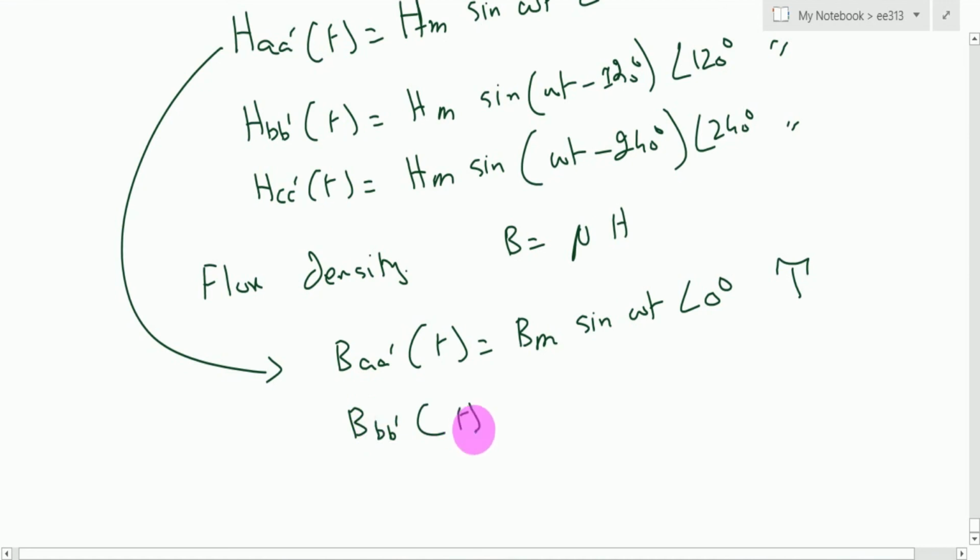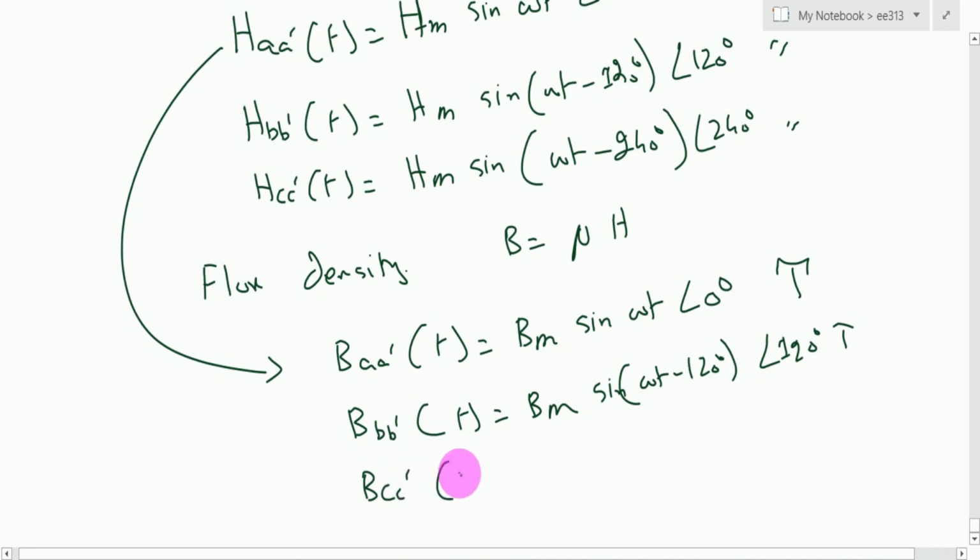Similarly, BBB dash t is equal to Bm sine omega t minus 120 degree at an angle of 120 degree. This is again in Tesla, and BCC dash t is equal to Bm sine omega t minus 240 degree at an angle of 240 degree, and this is also in Tesla.